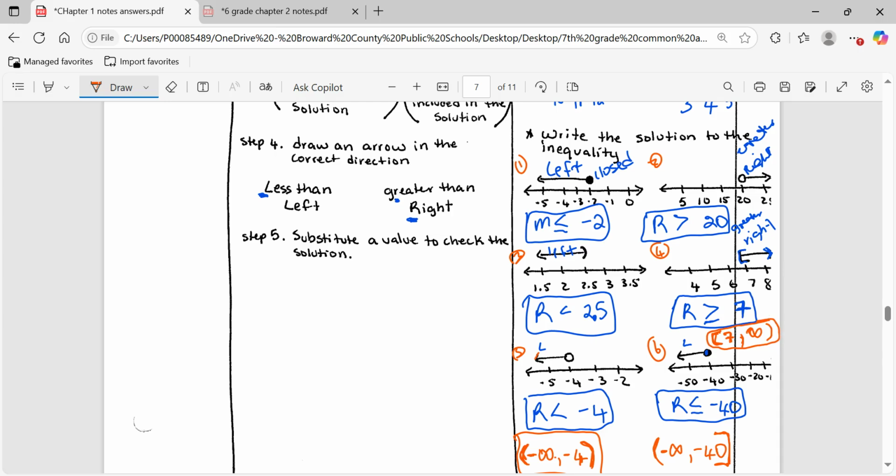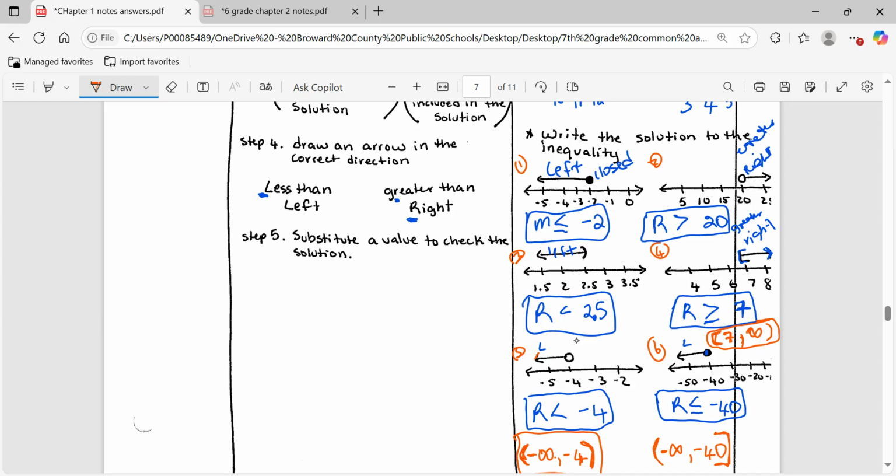I'm going to do one more with you, and then I want you to try, just for kicks, and see how you do on number 1 and number 2. So number 3, it's saying to me that R is less than 2.5. So 2.5 parentheses, and it's everything to the left. Well, if you're going to the left, you're going to end up in negative infinity. You're going to go into the negative realm.